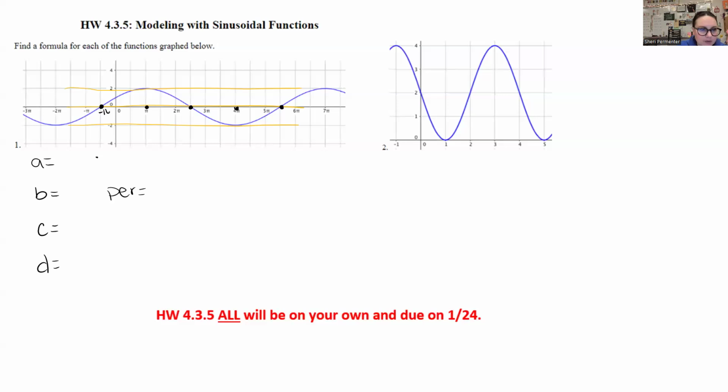It's going to be negative pi over 2. I didn't do myself any favors because it's not going to be as easy this way. I'm ending in between 5 and 6 pi. So I'm ending at 5.